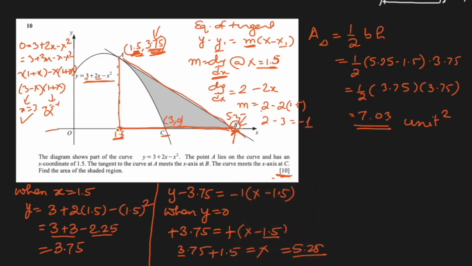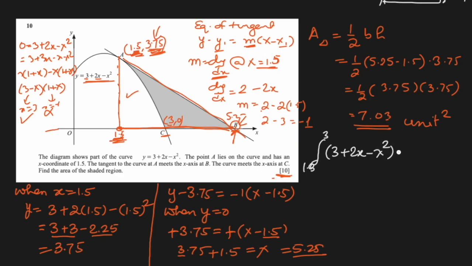So now we know that we have to find this area from 1.5 till 3. And that's what we're going to do now by integrating this particular curve, not from 0, but from 1.5 till 3. We have to integrate 3 plus 2x minus x squared.